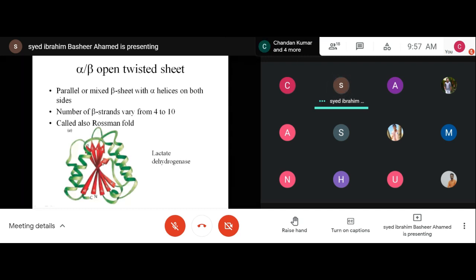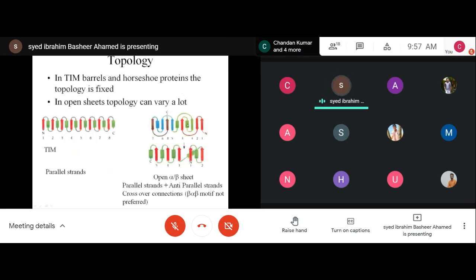Generally the Rossmann fold will have the twisted sheet. Lactate dehydrogenase, all the dehydrogenases will have this Rossmann fold. Since Rossmann found this kind of fold for the first time, it was named after him.